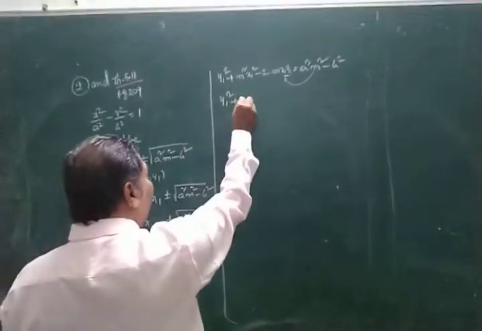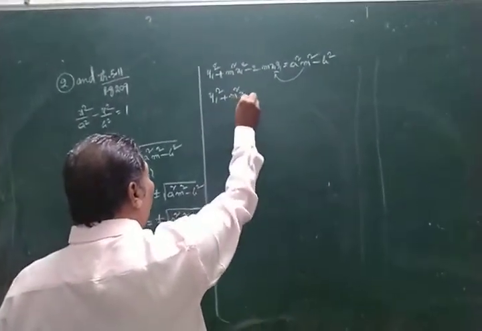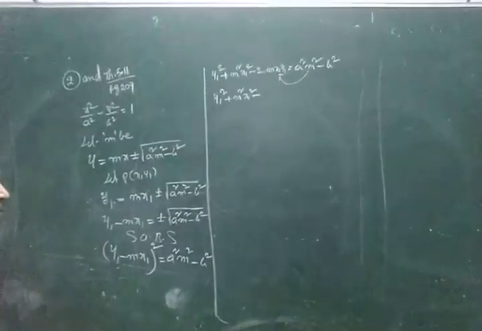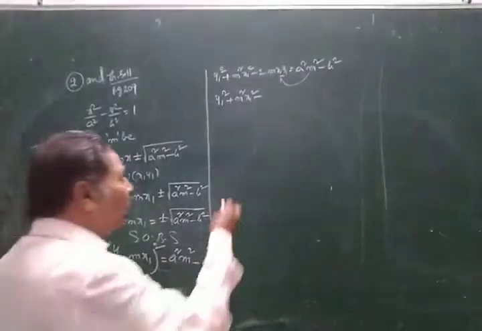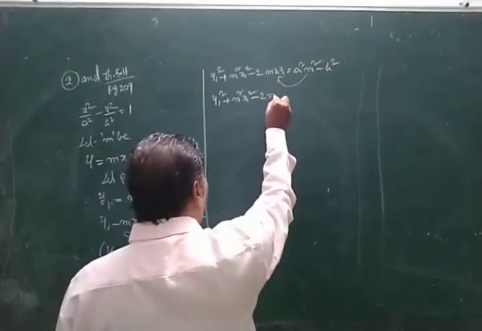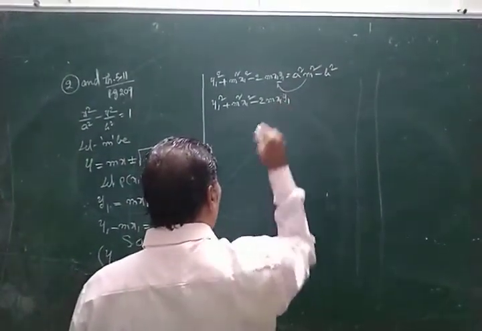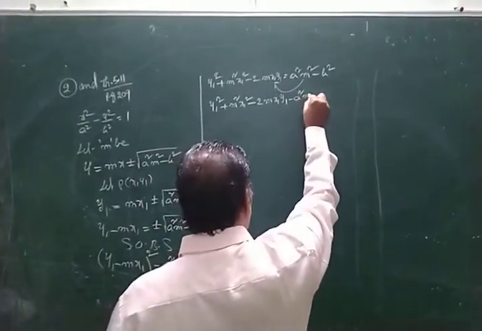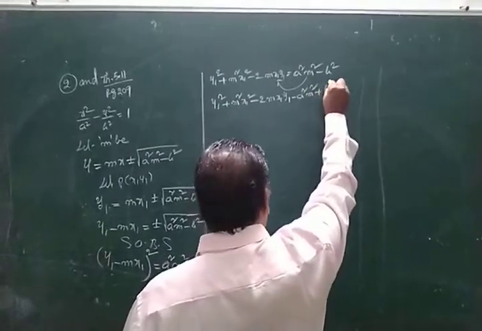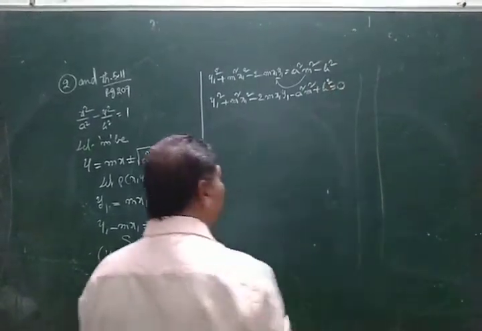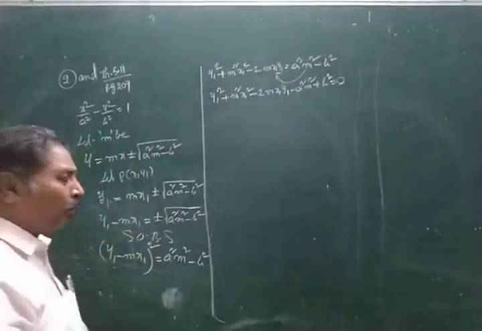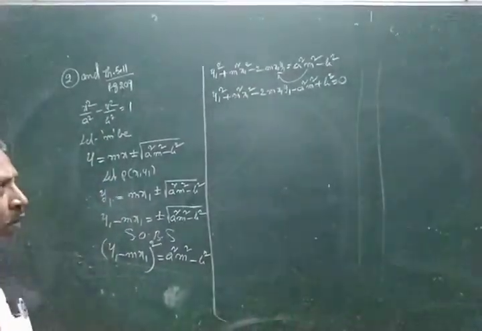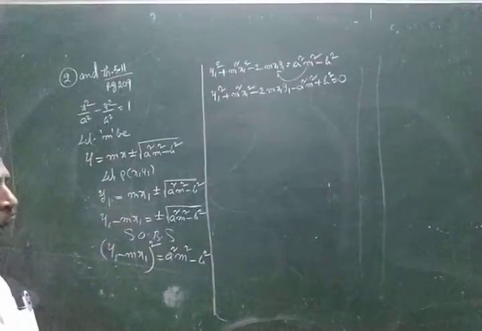So y1 square plus m square x1 square minus 2m x1 y1 minus a square m square plus b square equal to 0.